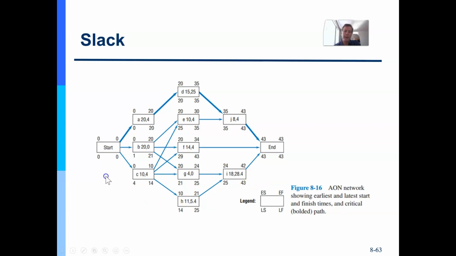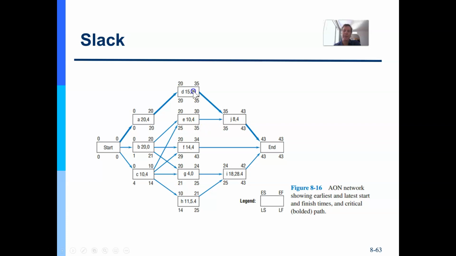Now to do the backward pass to get the bottom numbers, instead of adding them up, you subtract them. So 43 minus 0 for this activity is still 43 for the late start. Then I have to put the late start into each of these, because notice it's going backwards from its dependencies. This one is 43 minus an 8-day duration, which is a day 35 late start.